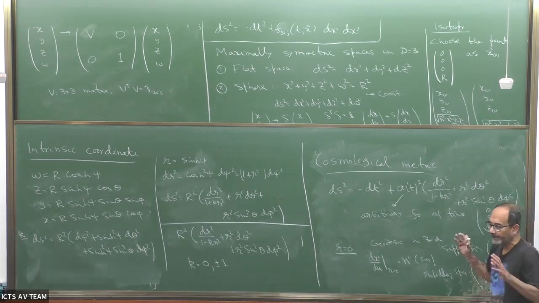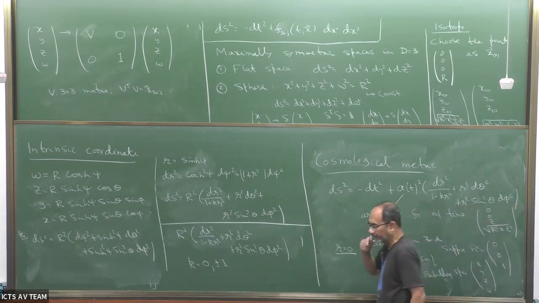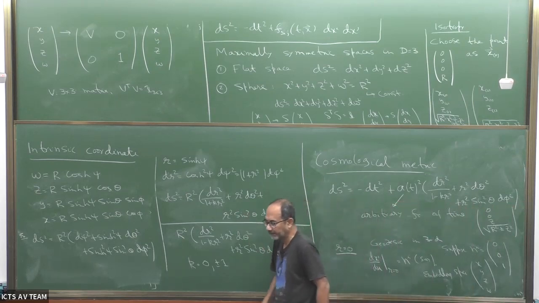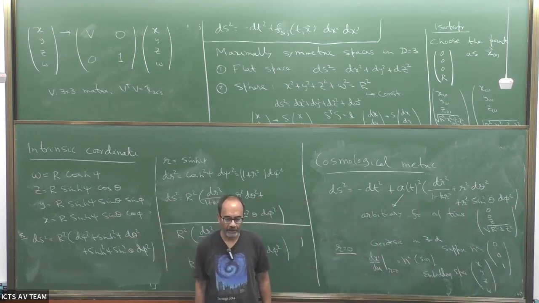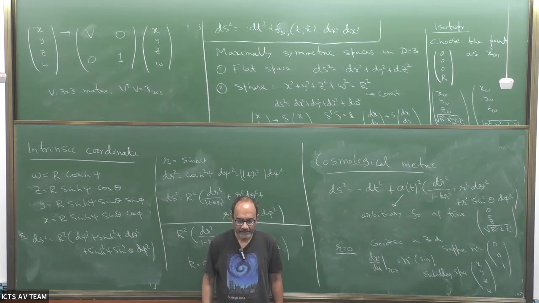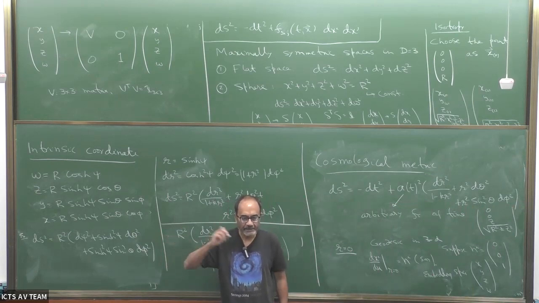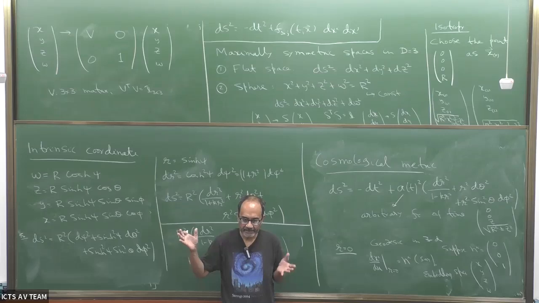So the upshot of this is that if you take a geodesic in 4 dimensions and forget about the t coordinate, the resulting curve will be a geodesic in 3 dimensions. It's a completely general result, right? Because take a geodesic in 4 dimensions.